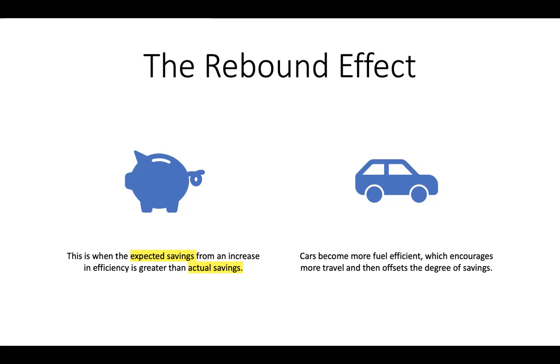Let's just say that originally a mile is costing a car $1, and they're expecting that after the increase in fuel economy it should cost 50 cents. Well, because of the overconsumption nature, maybe the actualized savings is only 20 cents rather than the 50 that they should save.